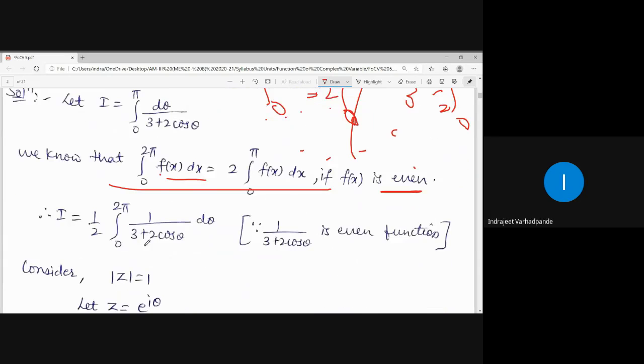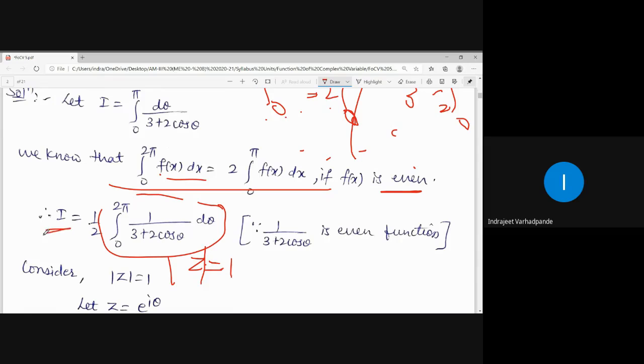So my question, integral 0 to pi d theta upon 3 plus 2 cos theta, becomes half times integral 0 to 2 pi d theta upon 3 plus 2 cos theta. Now this original question is converted to proper limits. So I can say the region is the unit circle mod z equal to 1.